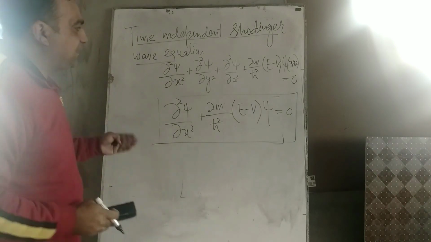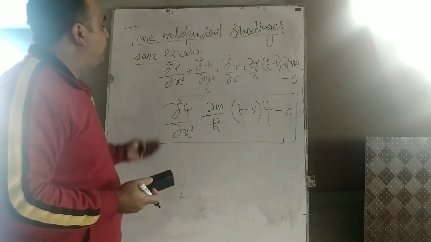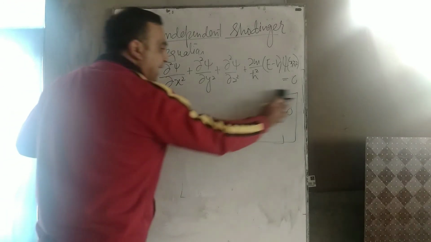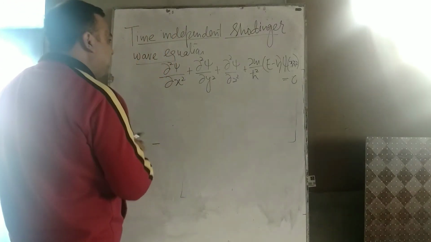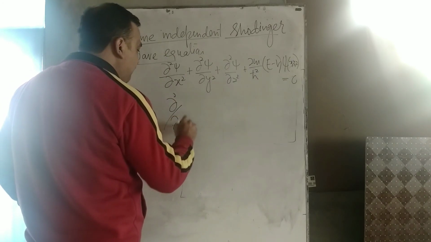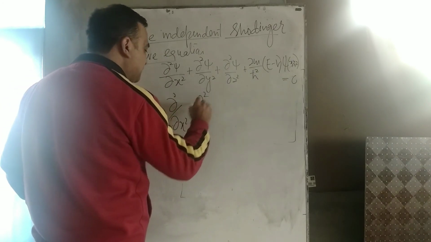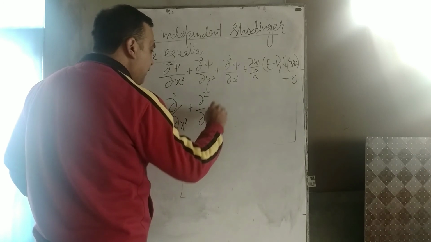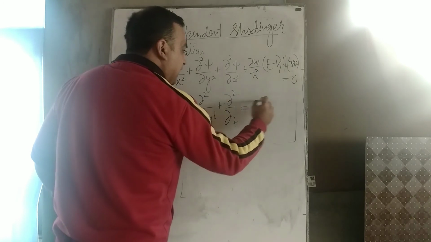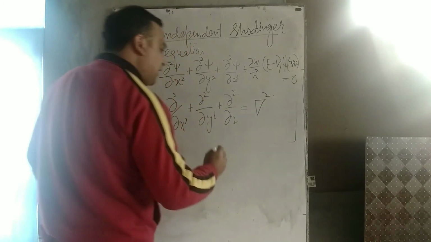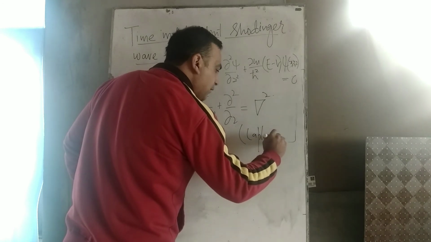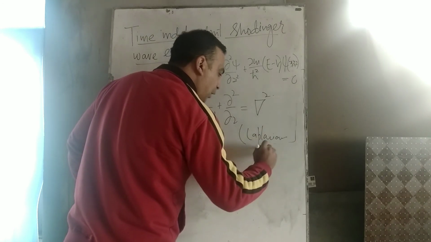So this is the mathematical formulation of time-independent Schrodinger's wave equation. And for the fact of matter, we know that this double partial derivative along x plus along y plus along z is del square. This is also called the Laplacian operator.